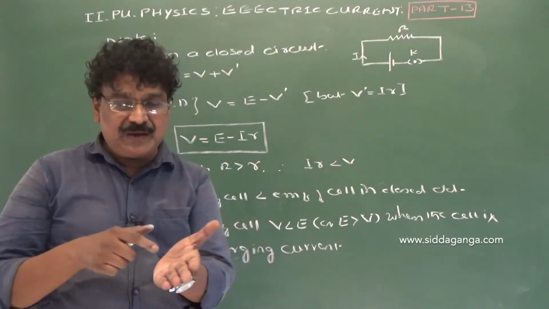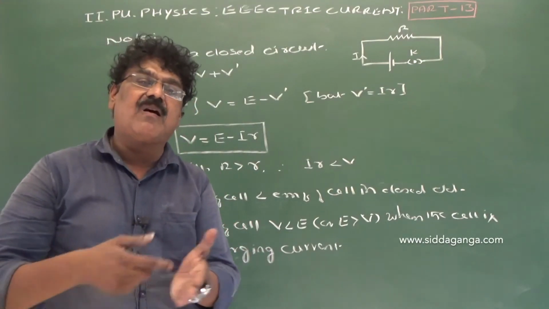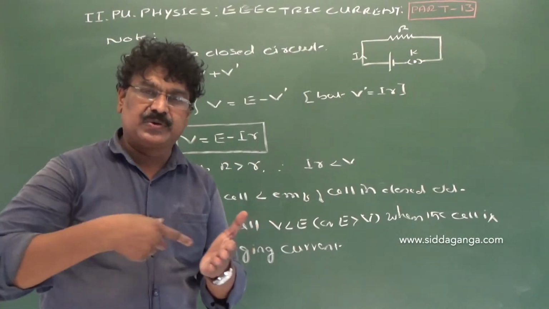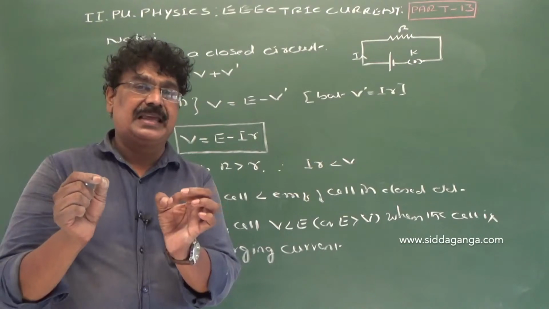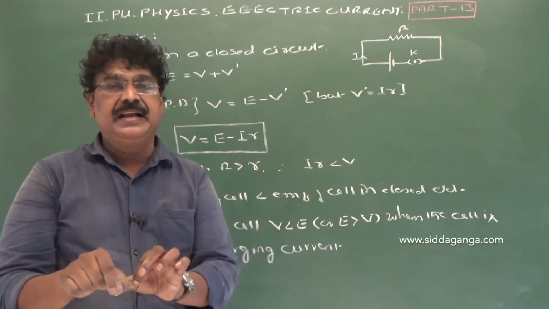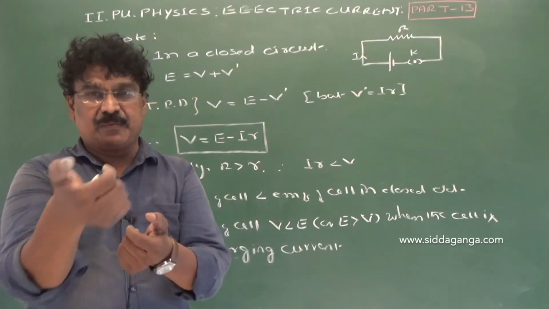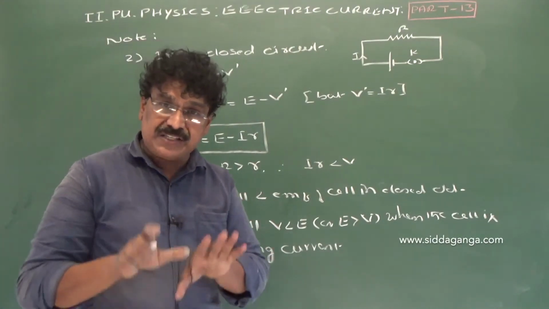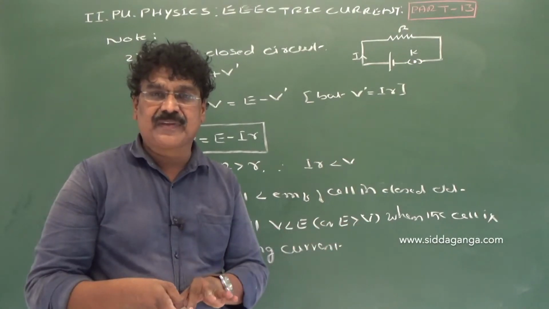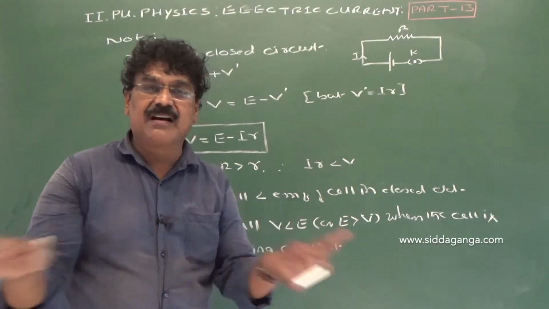When you are using mobile phone, making a call or using social media, that is the case where battery is discharging current and it is a closed circuit. When you put off the switch and not charging, the mobile phone is not functioning.